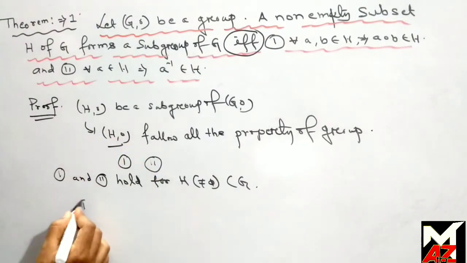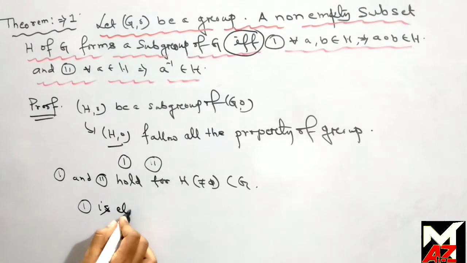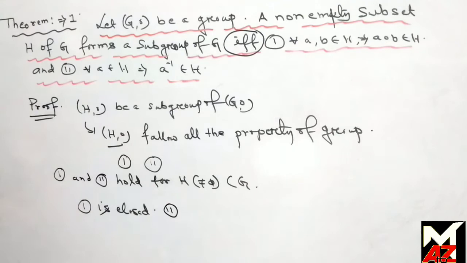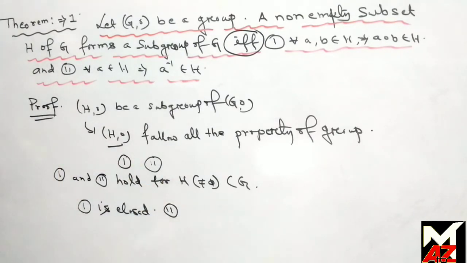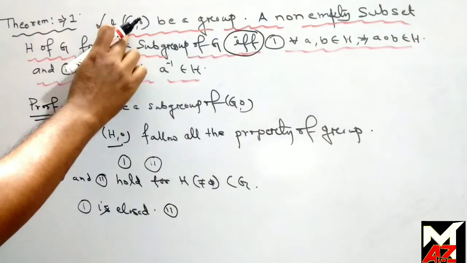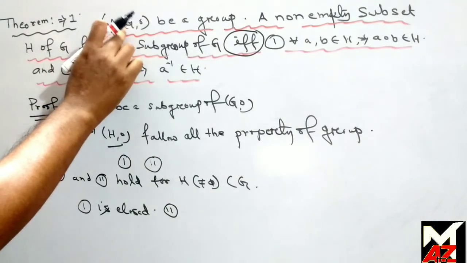Here 1 is closure, that is closed. 2 is associative, because we know that associativity is a hereditary property, and we know G is a group, so it follows the associative property.